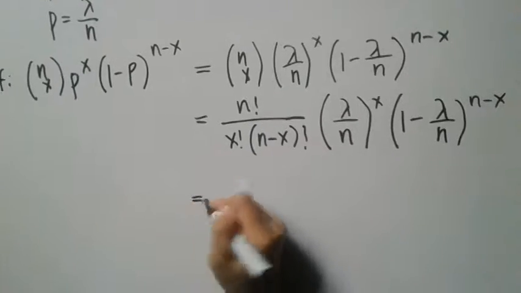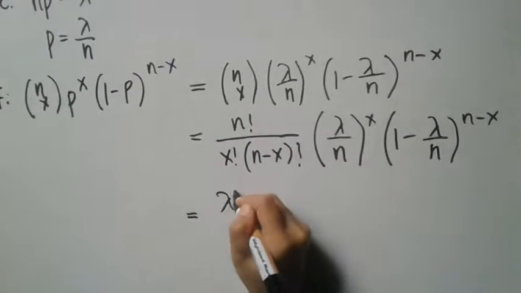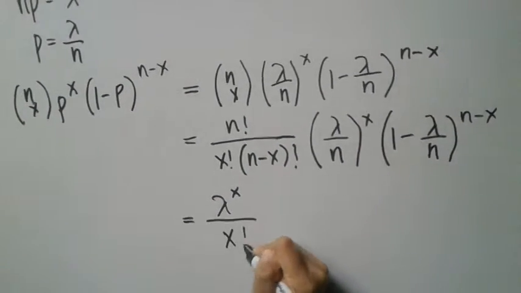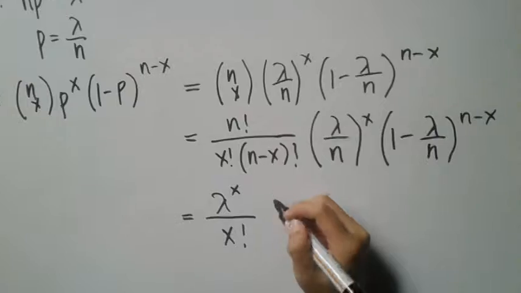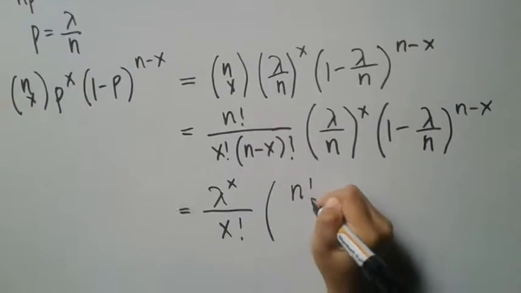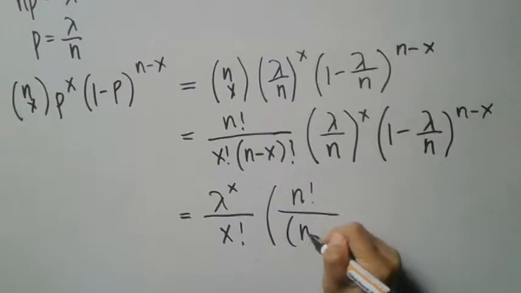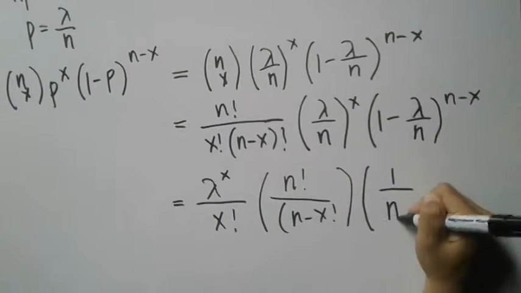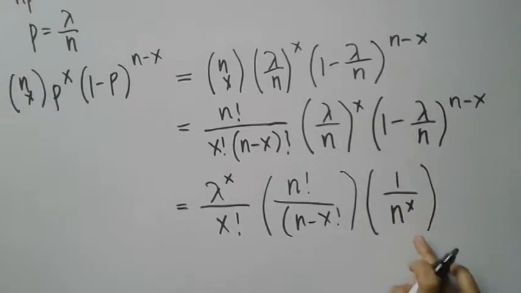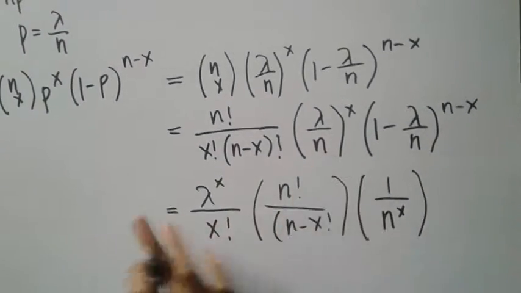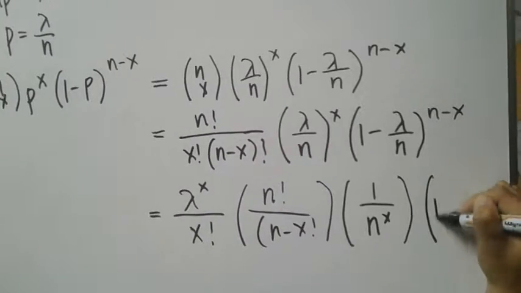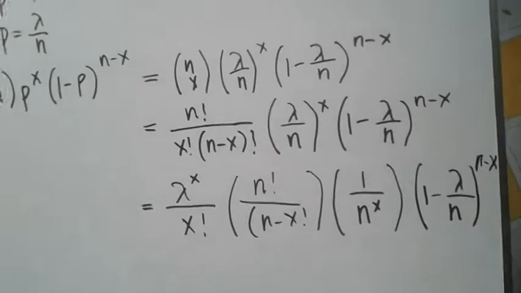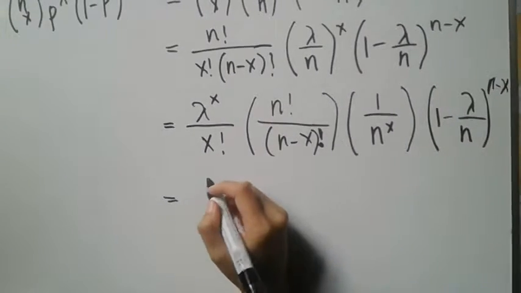So to easily get our target, we have lambda to the power of x from this one over x factorial from this one, and then multiply it to n factorial over the quantity n minus x factorial times 1 over n to the x. So this is just equal to this one if you multiply this, and just copy the 1 minus lambda over n to the power of n minus x.